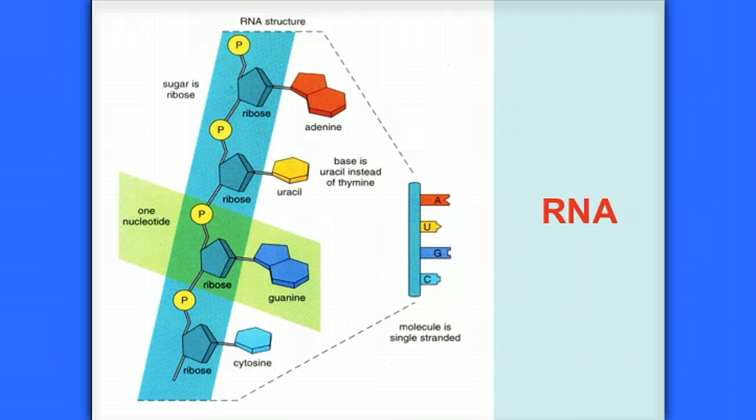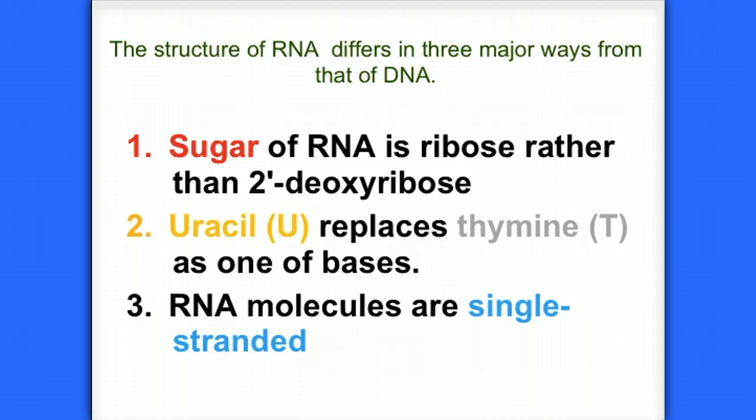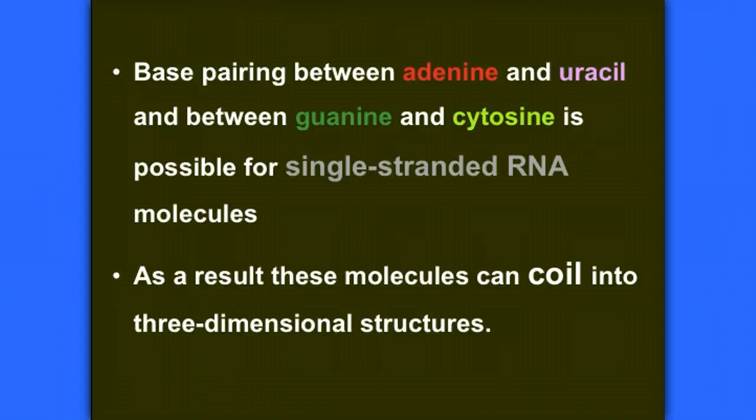Same way as we have it in DNA, except that it is a single strand. The uracil replaces the thymine in case of RNA. The base pairing is in a similar way, adenine with uracil and guanine with cytosine.